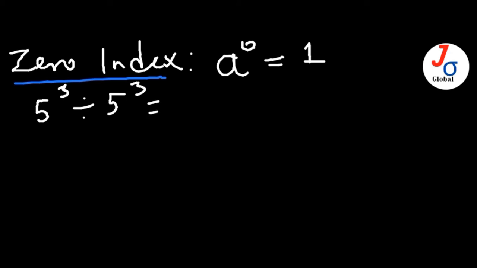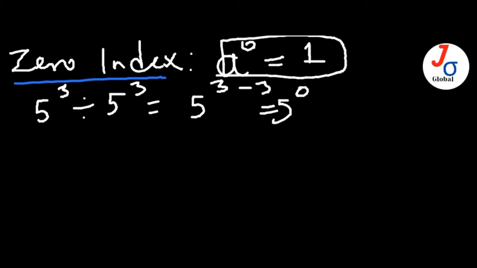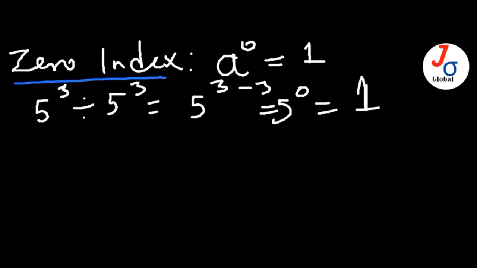From our knowledge of the division law, since their bases are the same, that will be 5, then division becomes minus. And so you have 5 raised to the power of 0. And from the law of zero index, anything raised to the power of 0 is equal to 1. So 5 raised to the power of 0 is definitely 1.